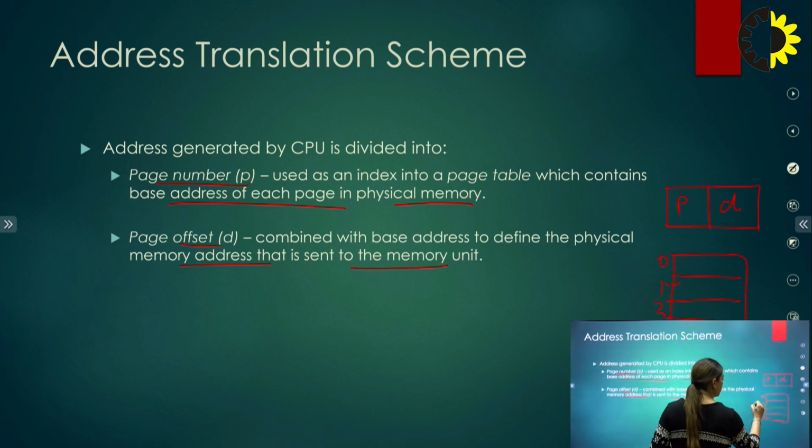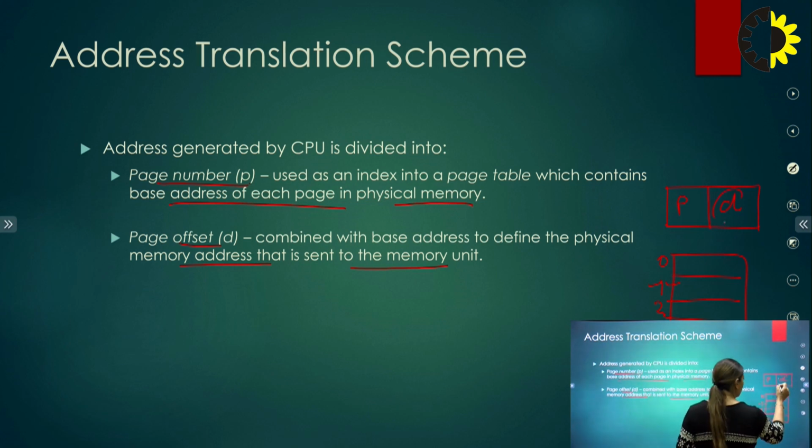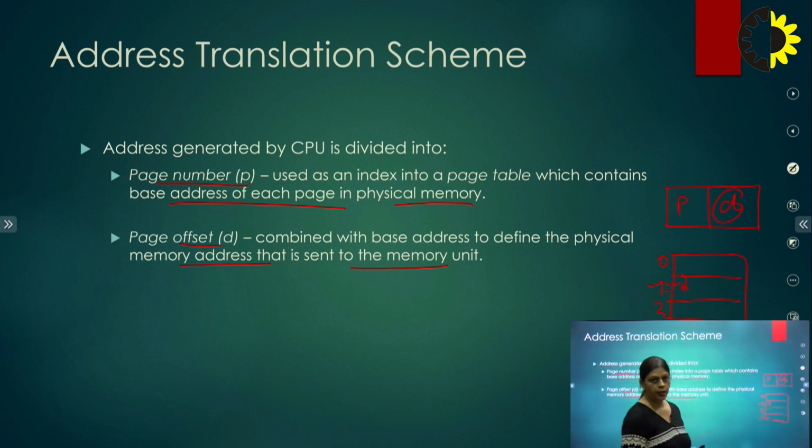Suppose we have selected page number 1, like we are searching in a book, right? We have to go to page number 1. D means on this page number 1, at which place you have to go. Means page 1, paragraph 2. Paragraph 2 is the offset and page 1 is the page number, right? This way we will understand now.